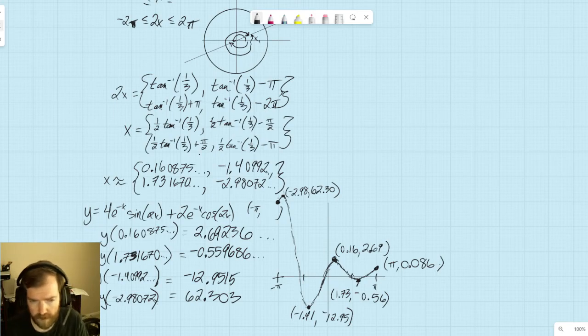All right, so negative pi has a value of positive 46.28.